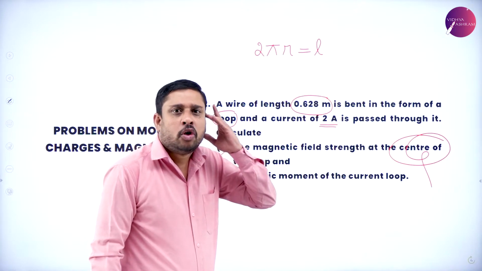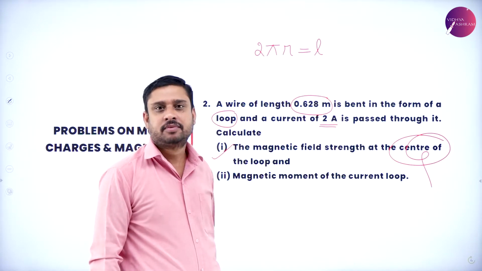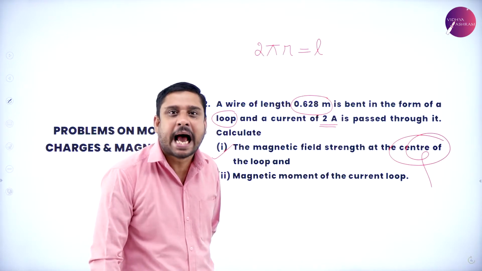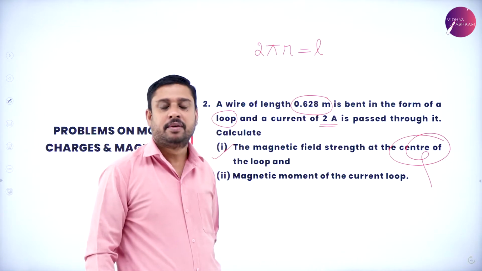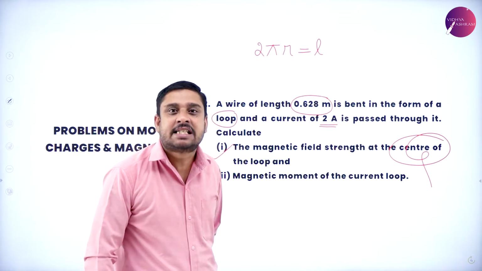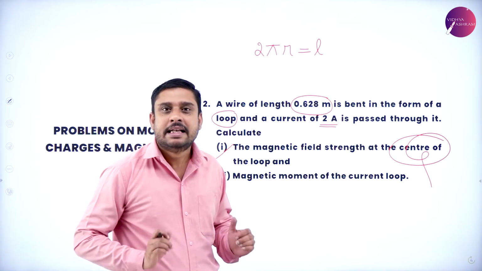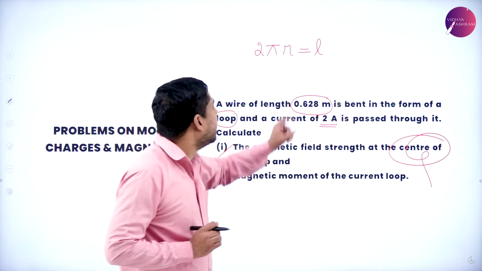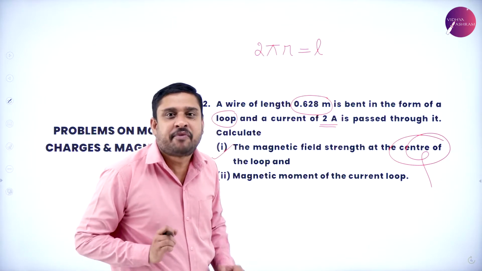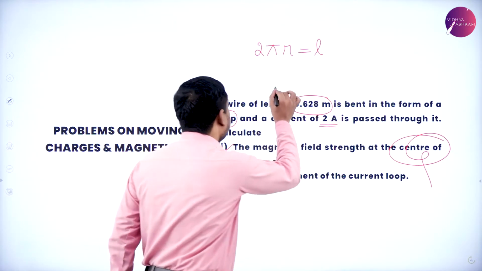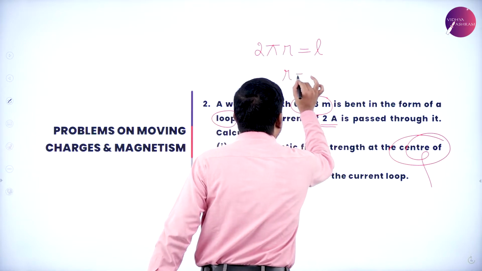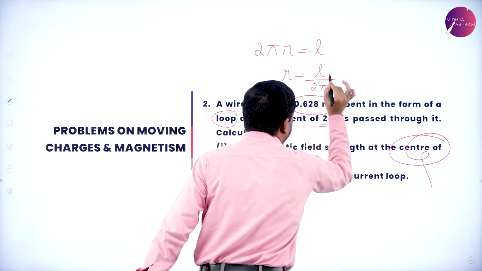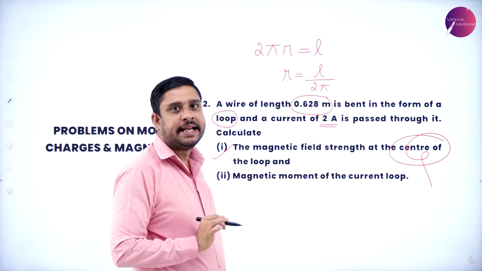By logical assertion, where the wire is bent as a loop, modified as a circle, the length of the circle, which is its circumference, is equal to the length of the wire, which means radius is L divided by 2 pi.